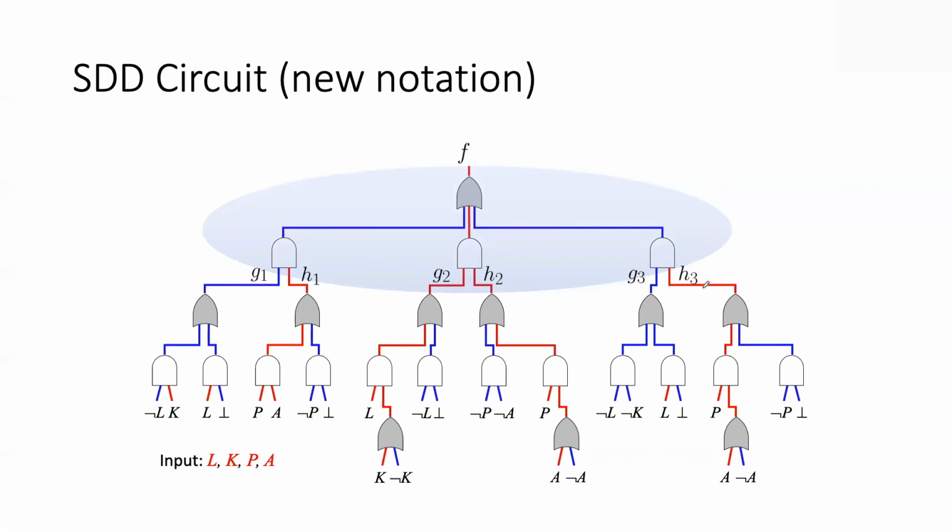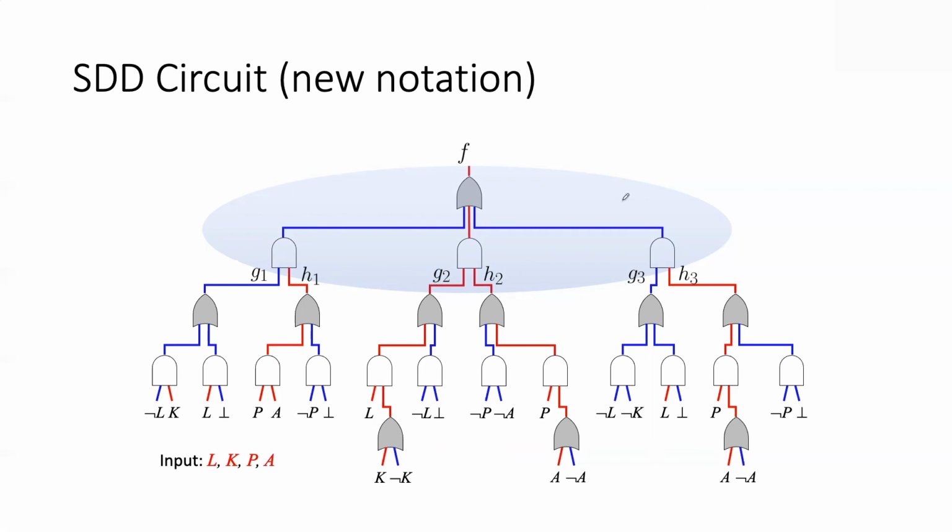Now, what did we say about the primes for SDDs? Mutually exclusive and exhaustive. What does that mean on circuits? That means regardless of what circuit input you apply, precisely one of these guys will be high and the other two will be low. In this case, high is red, low is blue. And in this case, you can see that this is high and these two guys are low. What does that mean?